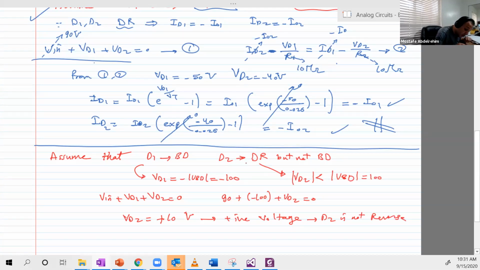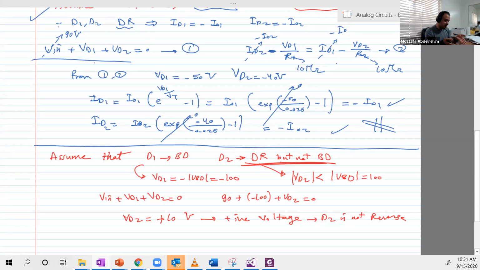So your assumption here is not correct, because you assumed in the beginning that D2 was in reverse. But if a diode is in reverse, its voltage must be negative.